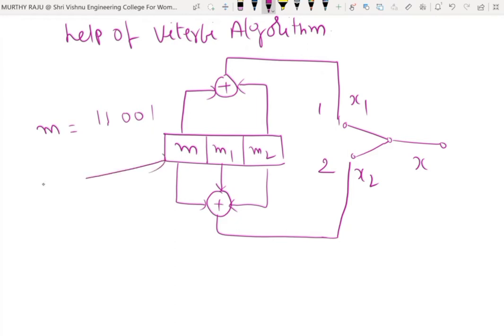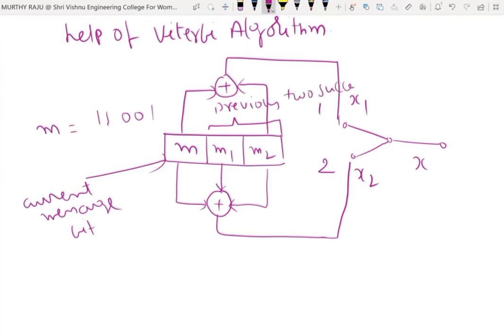This one is the current message bit. These two, M1 and M2, are the previous two successive bits that decide the state of the encoder. That means capital M is equal to 2.